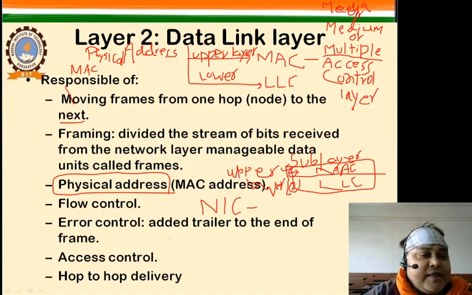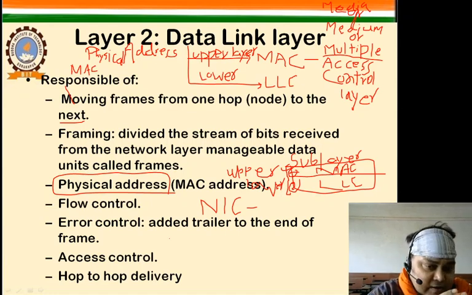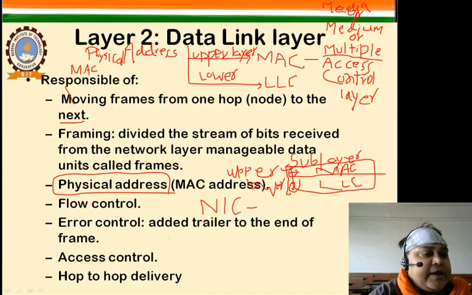This imprinted number is known as the physical address, that is the MAC address.